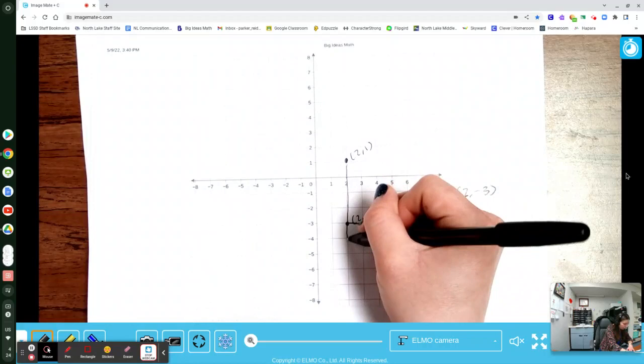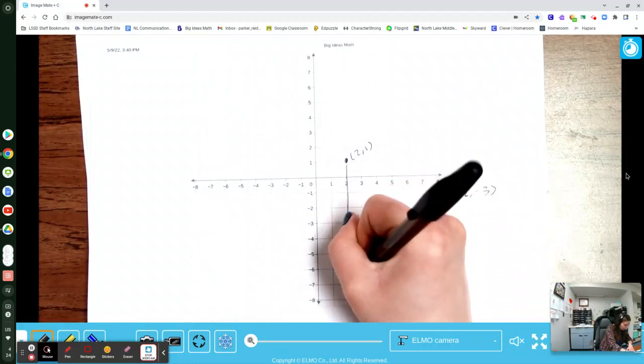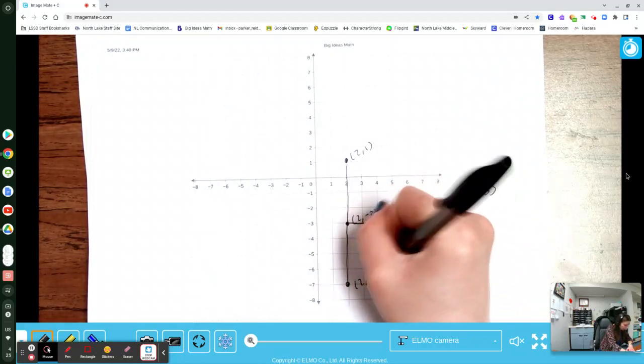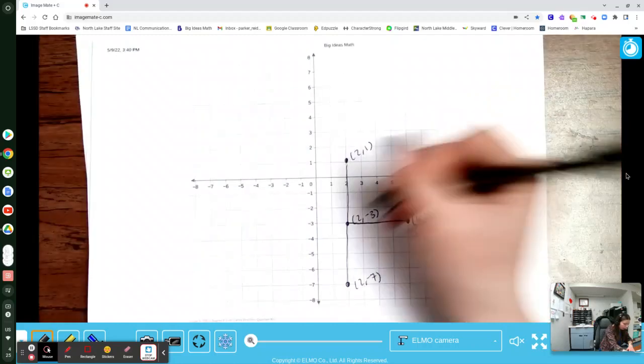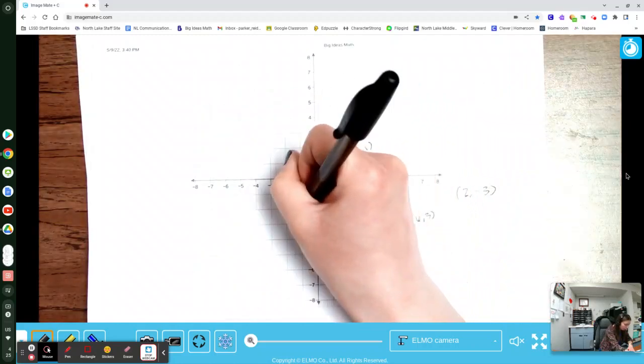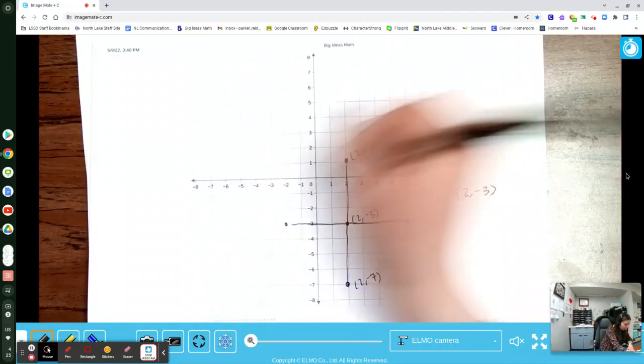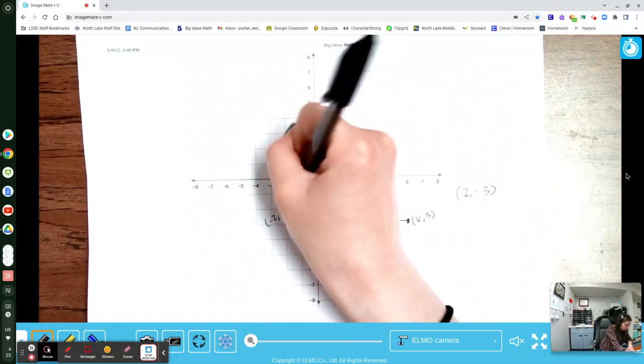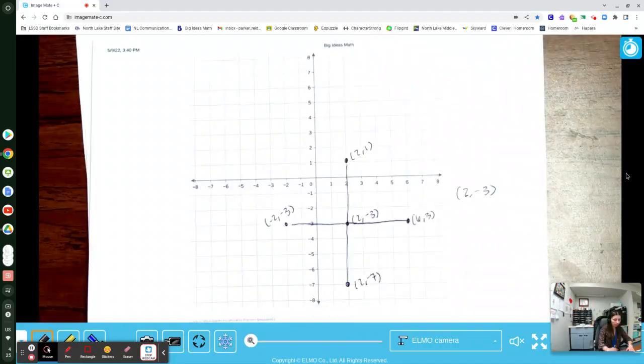And then down 4, 1, 2, 3, 4, that is at 2, negative 7, because it's over 2, down 7. And then we'll go to the left 4, 1, 2, 3, 4, which is at negative 2, negative 3, because it's left 2 and down 3. So here's our 4 points that are 4 units away from our original point 2, negative 3.